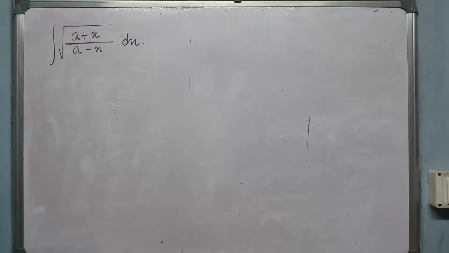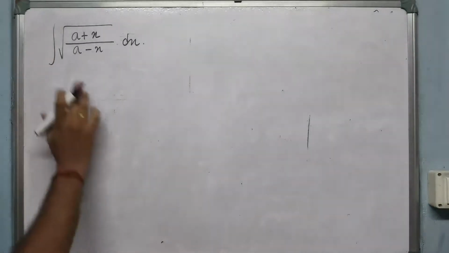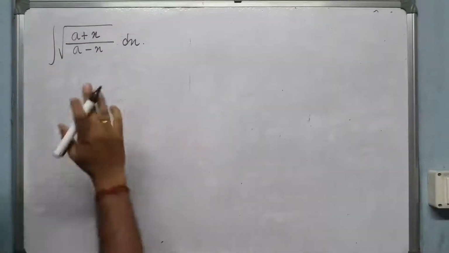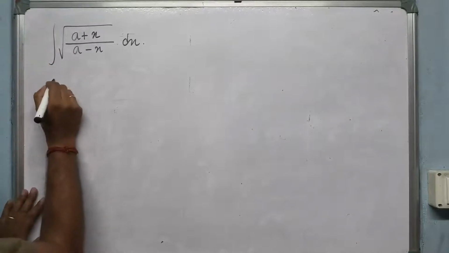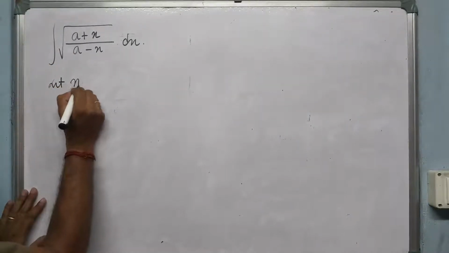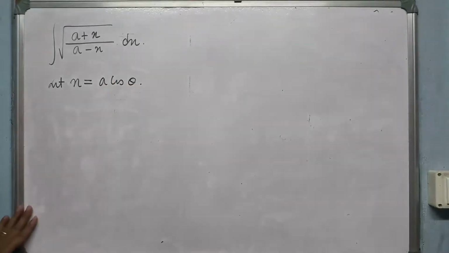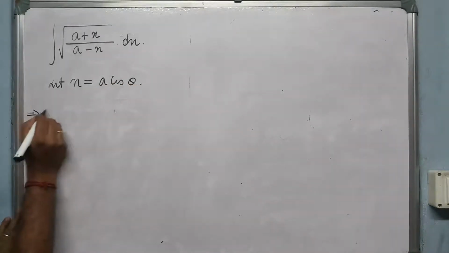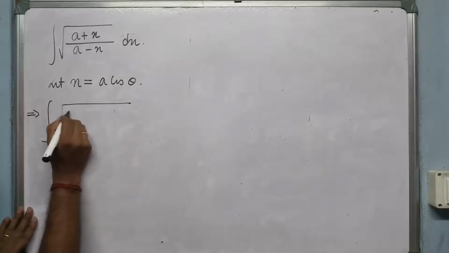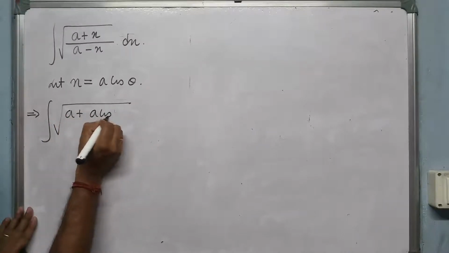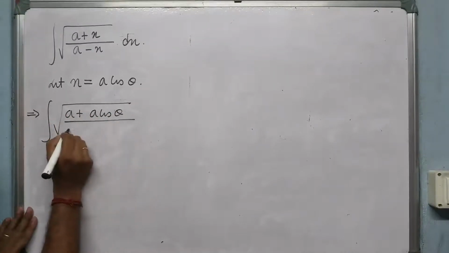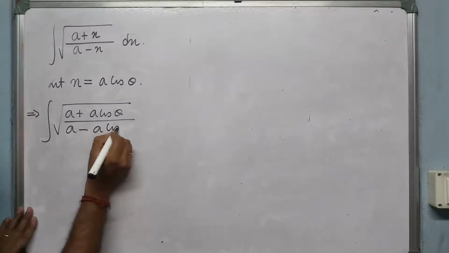Dear student, the substitution quantity that you have to remember, you have to practice these questions many times, then only you'll remember the trick. Let x equal a cos theta on the root of a plus a cos theta over a minus a cos theta.